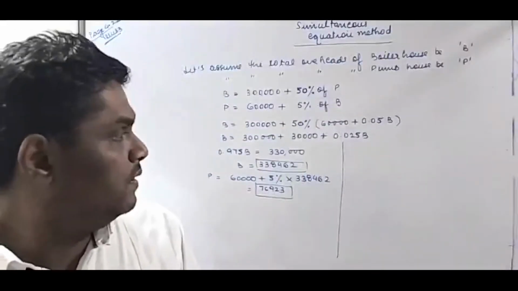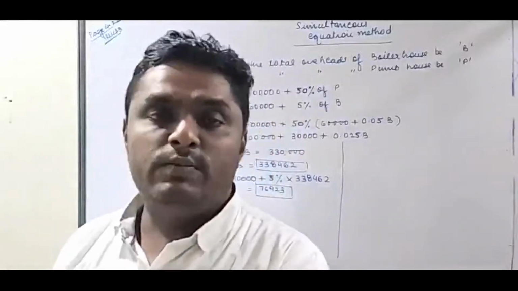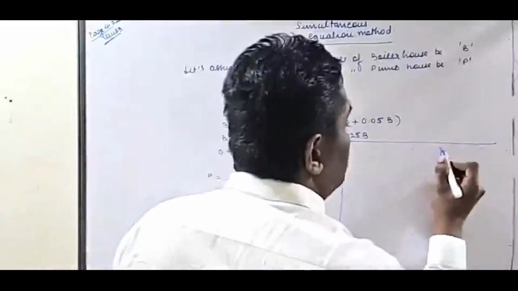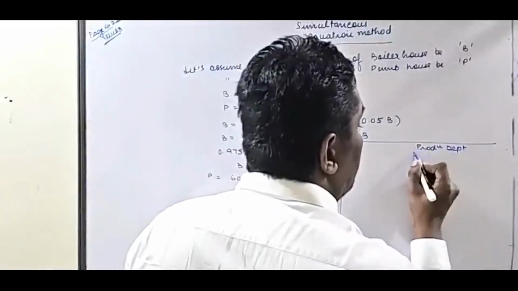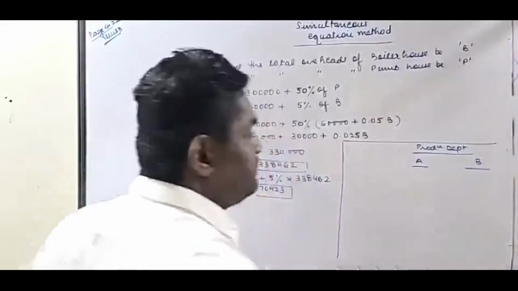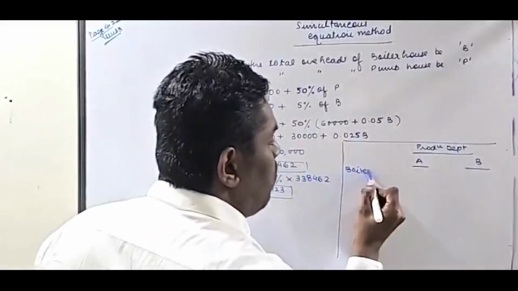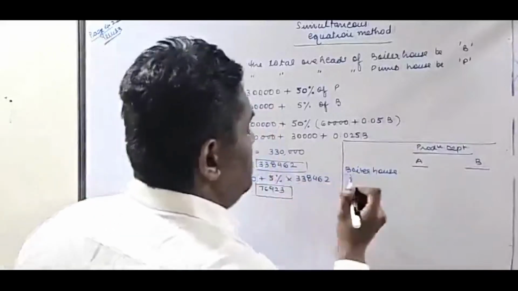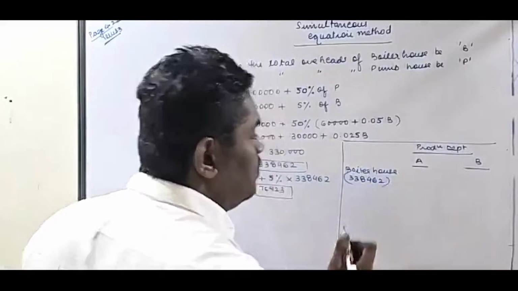So now we have got the total overheads of B and P, that is boiler house and pump house. Now we will distribute it to the production departments A and B. When talking about boiler house, we have total overhead 338,462.